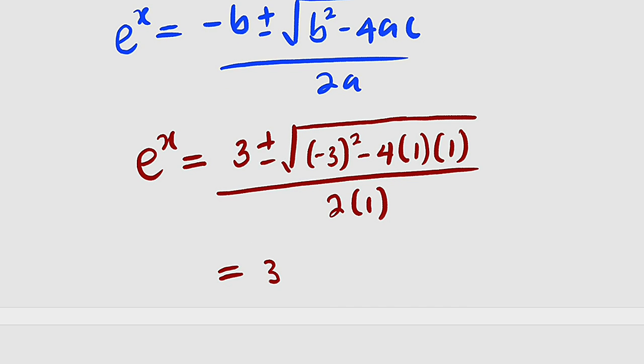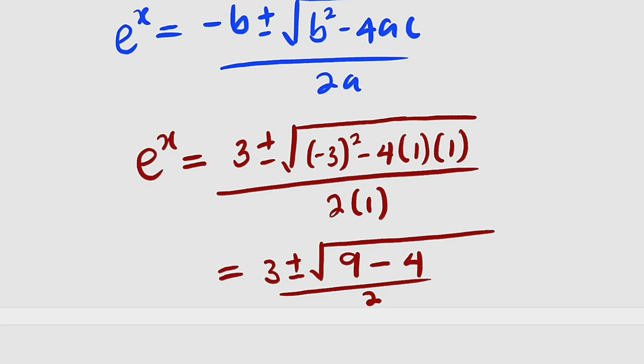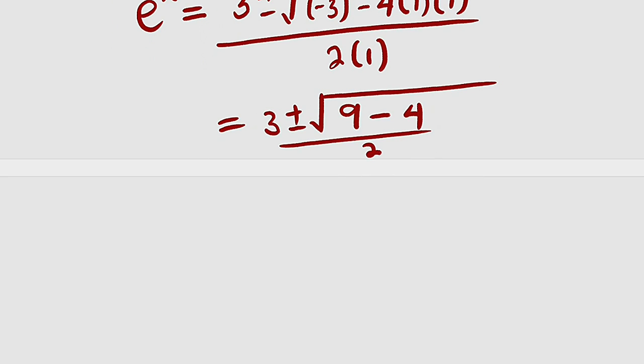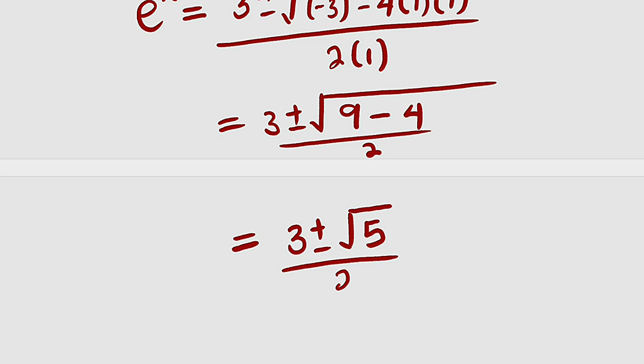This is equal to 3 plus or minus the square root of negative 3 squared is 9 minus 4, divided by what? 2, because 2 times 1 is 2. This is equal to 3 plus or minus the square root of 5 divided by 2. This is e to the x.